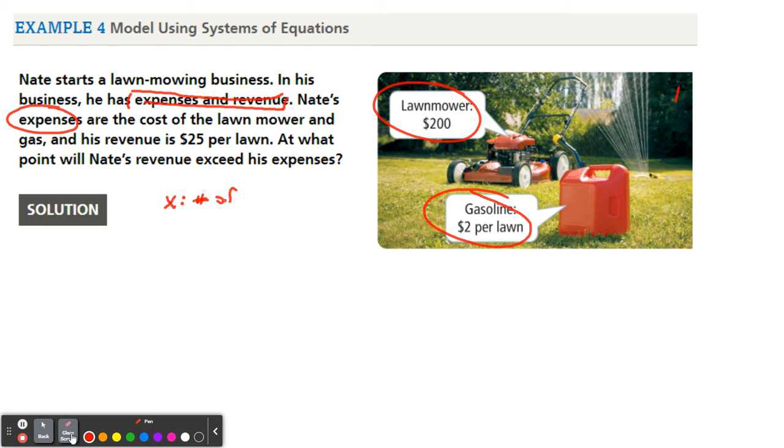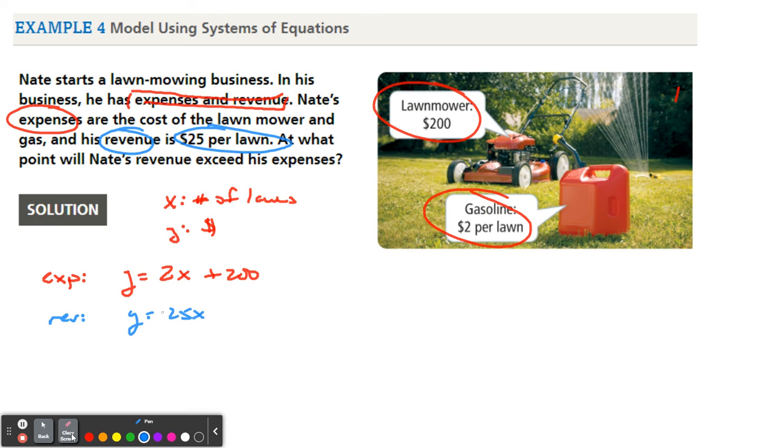So x is the number of lawns. Y is then going to be our money. So for the expenses, his equation is y equals, well, there's the $2 per lawn plus the 200 for his lawnmower. Now, the revenue of his business is $25 per lawn. There is no flat fee. So for his revenue, his y just equals 25x.